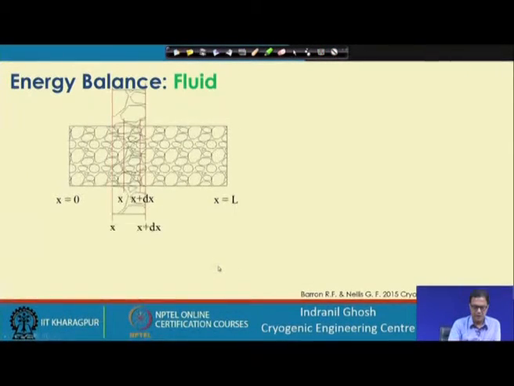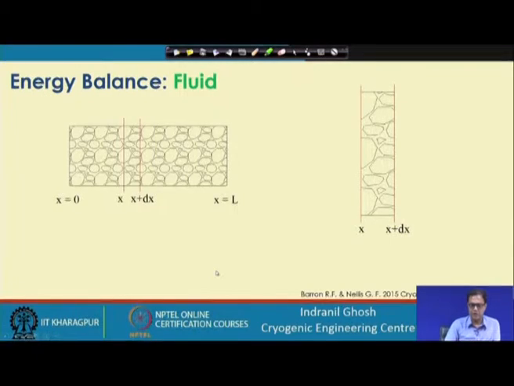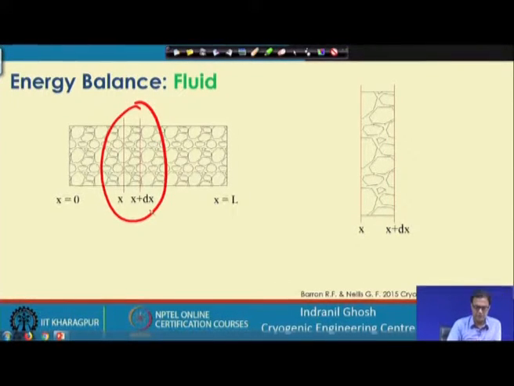Now, if we look in detail at this elemental area between x and x plus dx, it is a one dimensional model, where this is x equals 0 and we have x equals L. In between we have taken some region bounded between x and x plus dx.